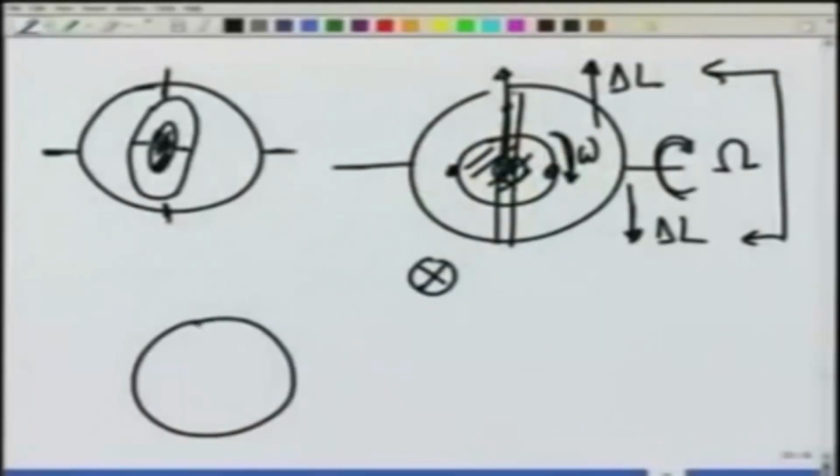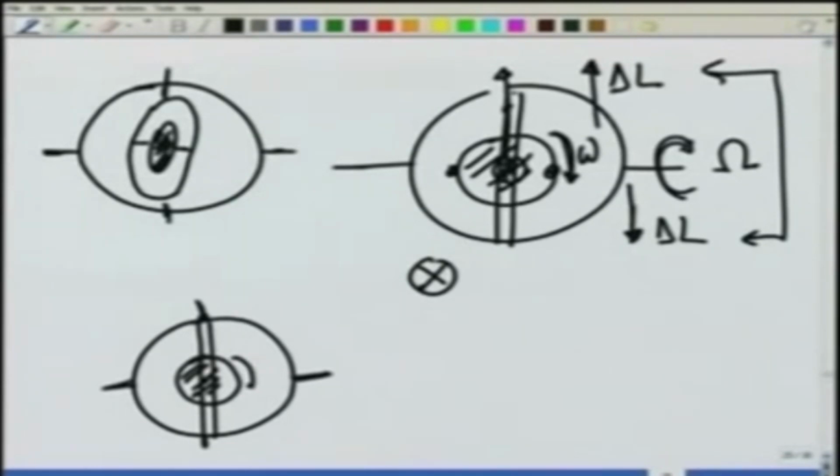Having qualitatively understood this, that is, if we have these frames, this can rotate freely about this, this can rotate freely about this, and this can rotate like this, why does this spin align with the outer spin?